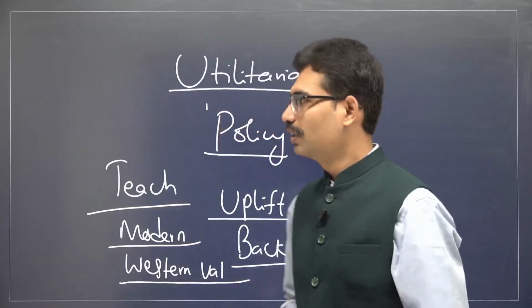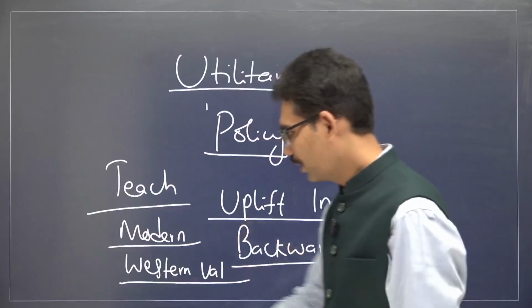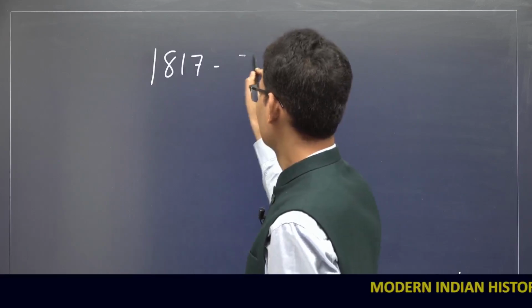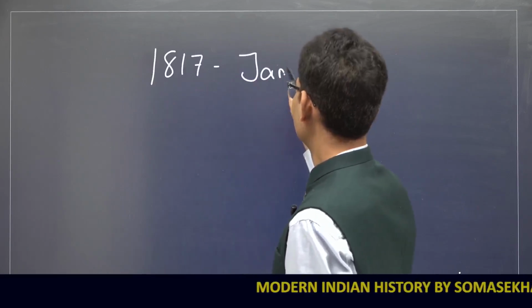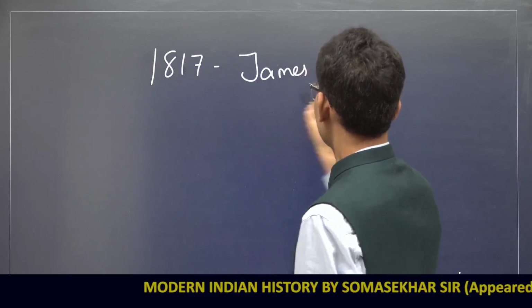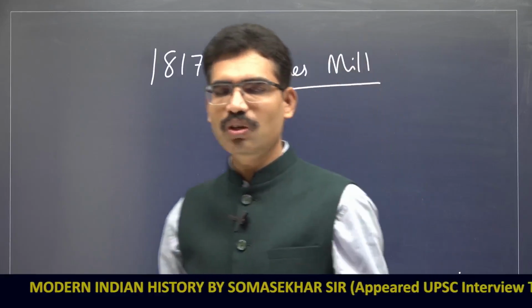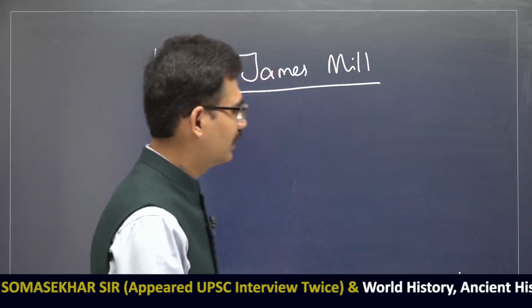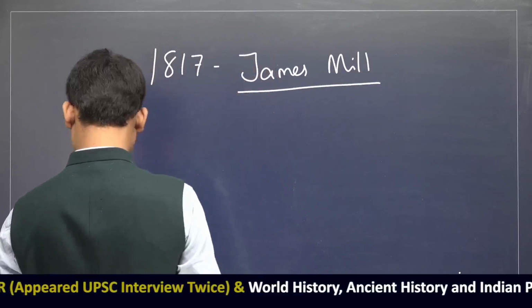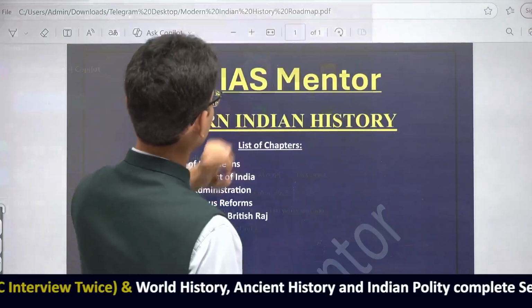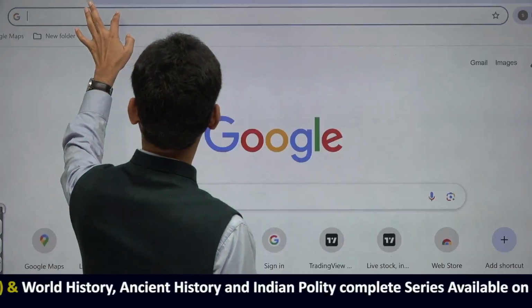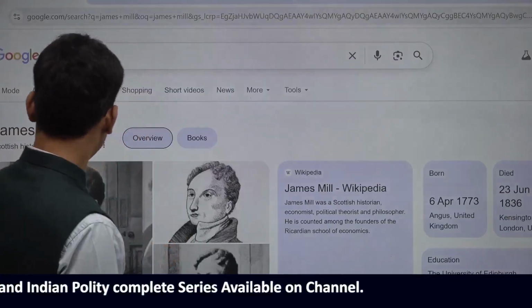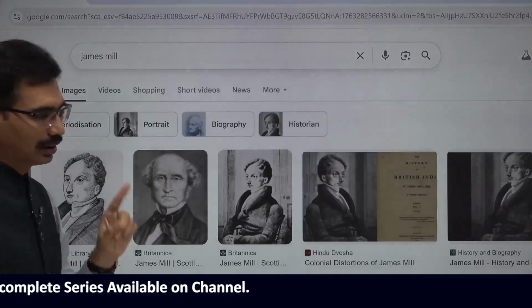But when this kind of philosophy was going on, in 1817 a person named James Mill wrote a book called The History of British India.